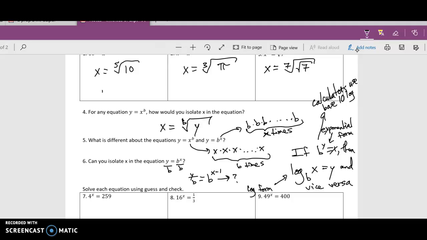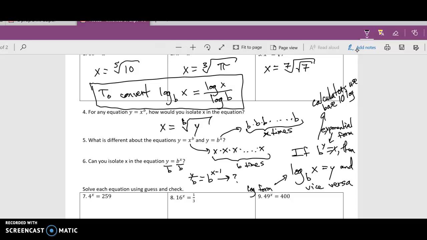And to convert bases, if you have log base b of x and you want to make that base 10, you could by doing log of x over log of b. Now, it's not such a big deal this year, this little tidbit, because we're not forced into base 10. Desmos is super happy to do whatever base you like it to do. I'll show you how to do that in a little bit.